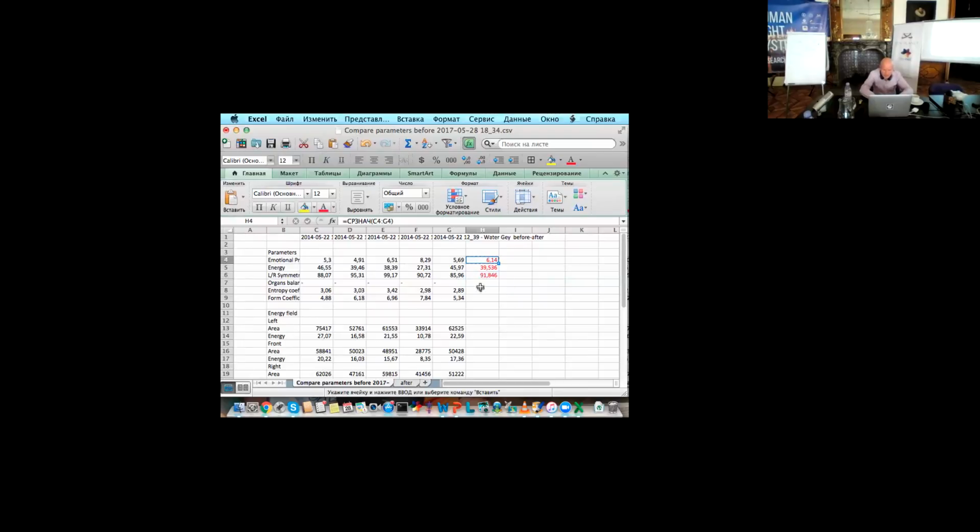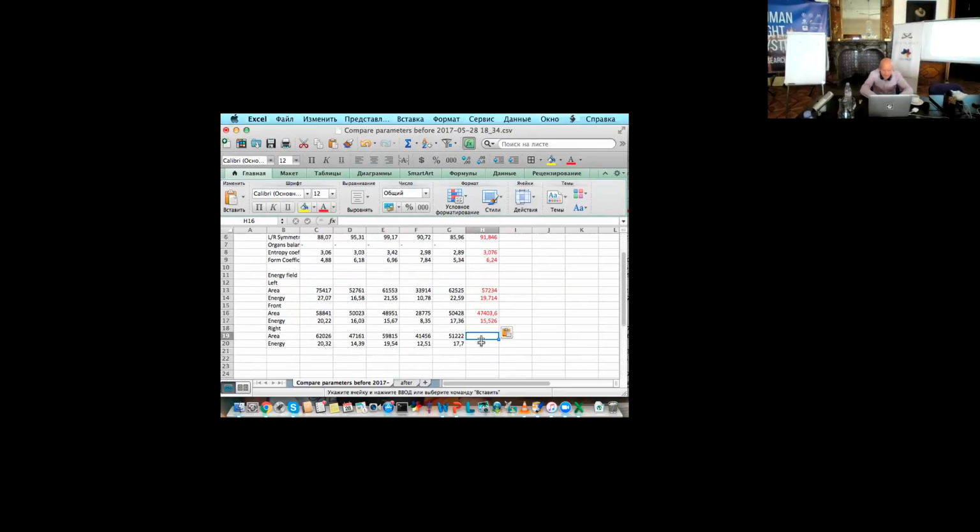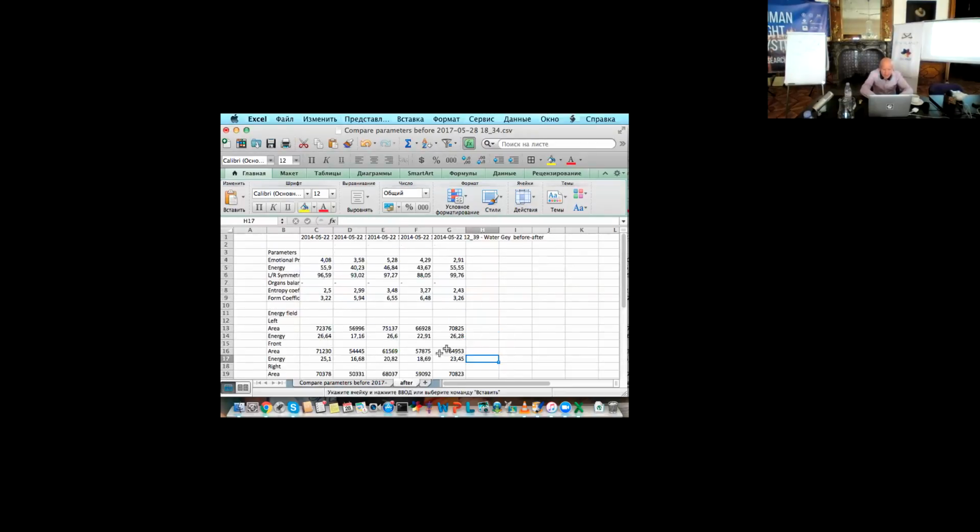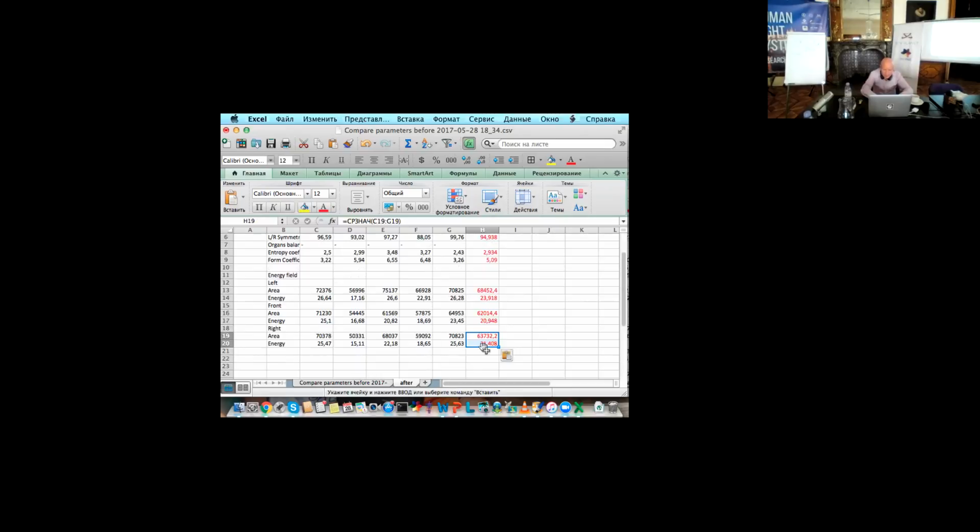Okay, so and energy field as well. And same I'm doing after. Okay, now I need to compare these numbers.